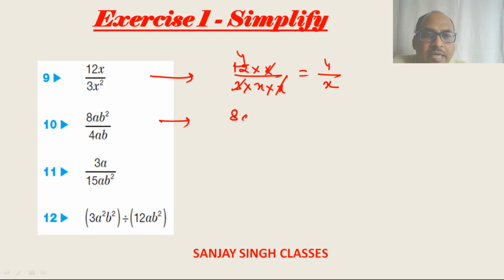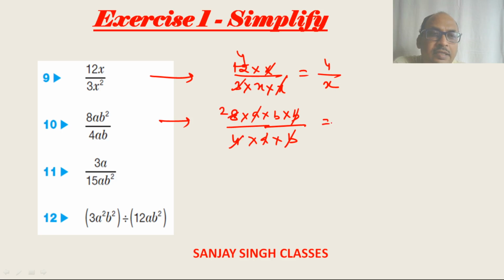Right? So 8ab square by 4ab. Let us write with multiplication: b into b divided by 4 into a into b. So b got cancelled, a got cancelled, 4 twos are 8, and it gives us 2b only. So the denominator fully cancelled, nothing is there, and in the numerator 2b is there.